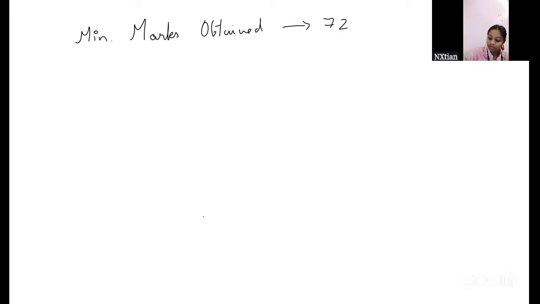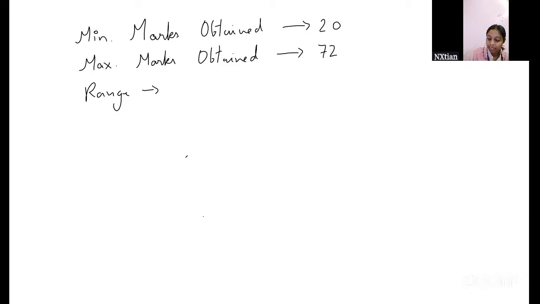The minimum is 20. And the maximum marks obtained is how much? 72. So the range is 72 minus 20, that is 52.